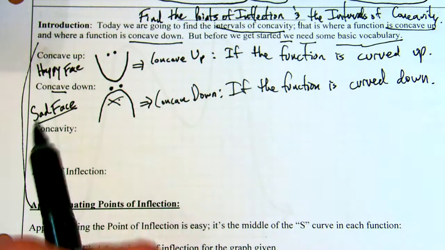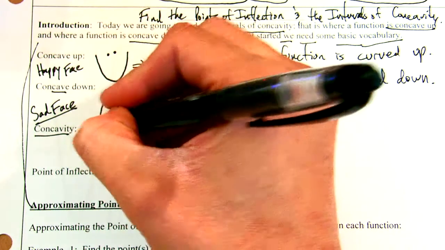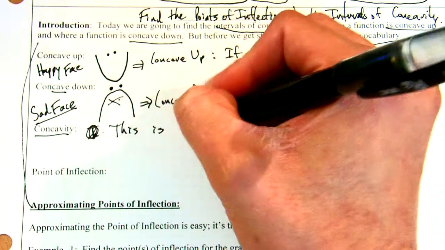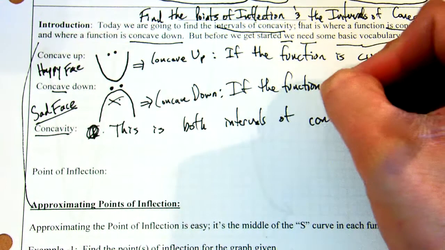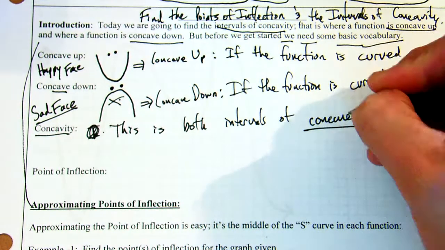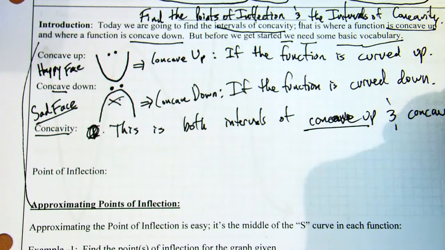Okay? So now, concavity itself, that is just speaking of the different intervals of concave up and concave down, right? You know how extrema was max and min? So concavity is both intervals of concave up and concave down.